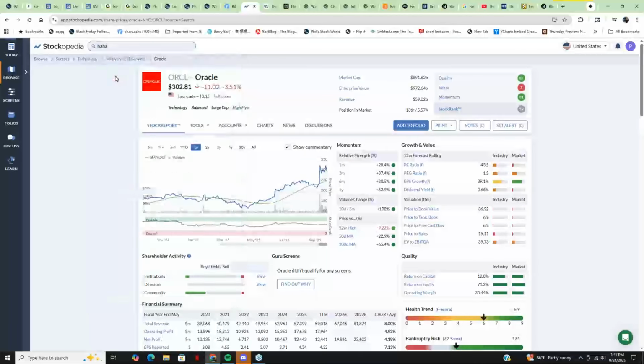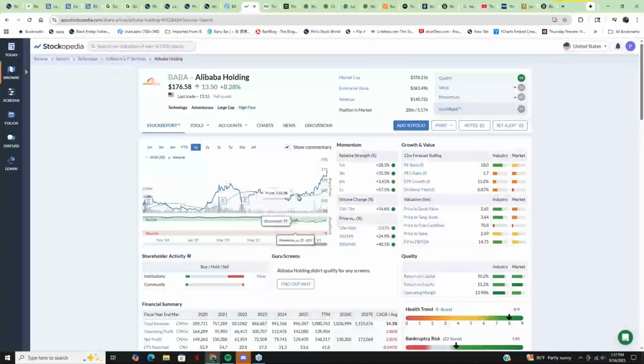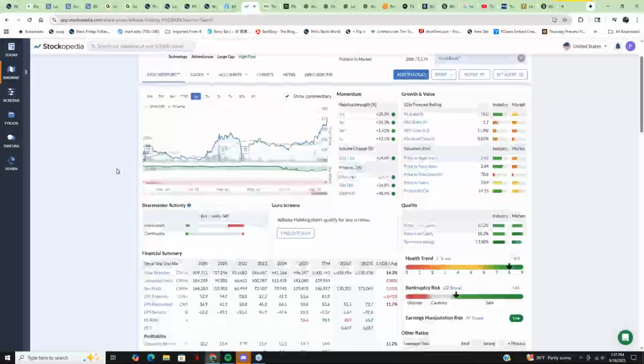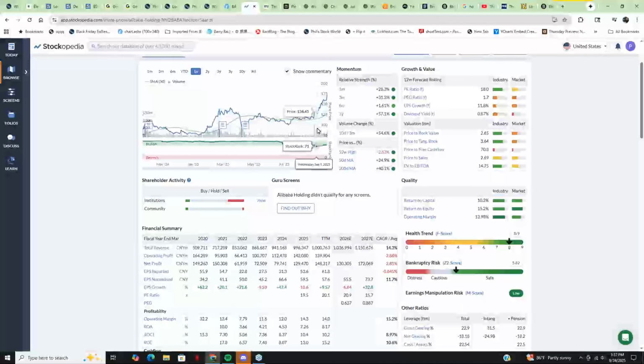BABA. So here's Alibaba, which has now popped from 120 to 175, so $55, almost 50% in the last month.